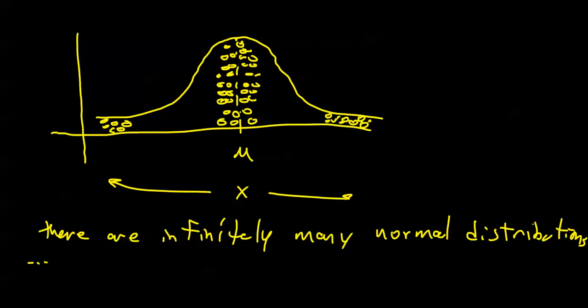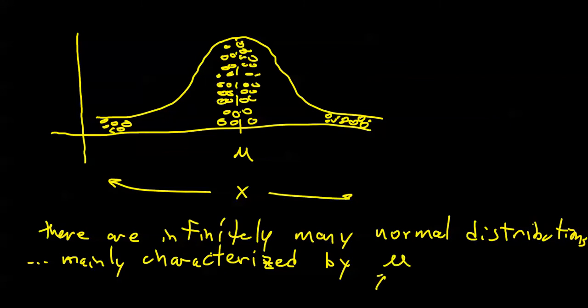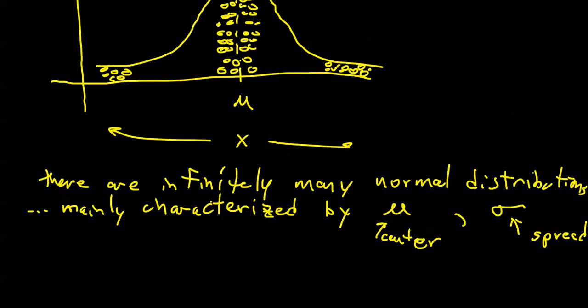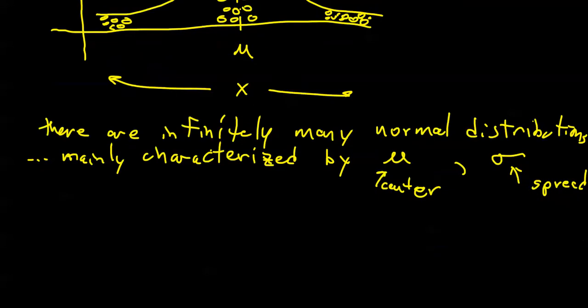They are mainly characterized, let me write this down, by the mean, which is where the bell is centered, and the standard deviation, which measures the spread. Bigger SD, wider bell, smaller SD, narrower bell. Let me draw an example up here with your fresh screen.